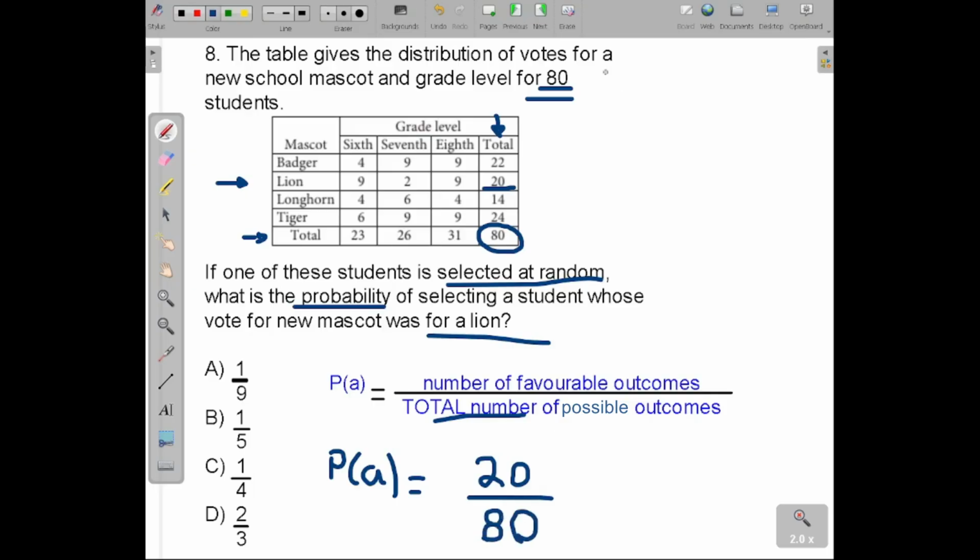In summary, of these 80 students, 20 want the mascot to be a lion, and we need to find that probability. So here we can cancel out the zeros. 2 divided by 2 is 1, and 8 divided by 2 is 4. So the probability is 1 divided by 4. The right answer is C.